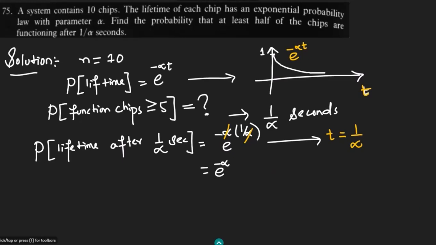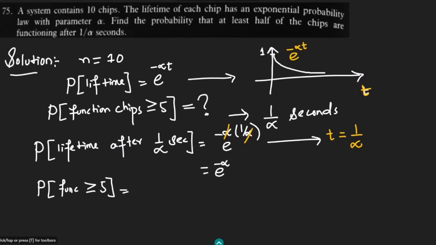So now, in order to find the probability that functioning chips are greater or equal to 5, what would it be?